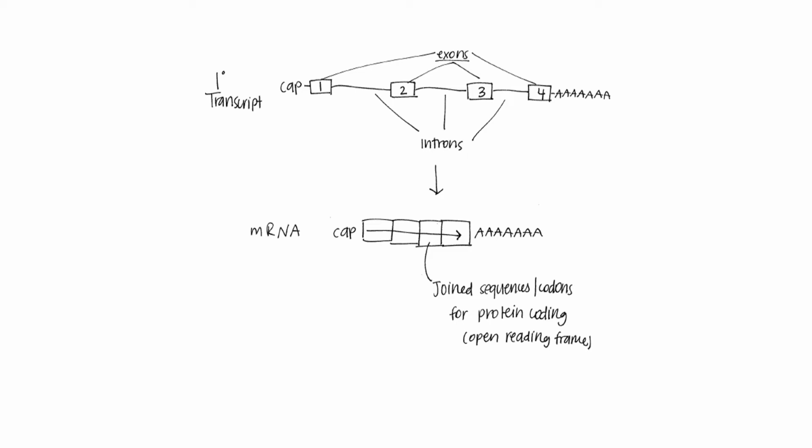Now, this happens on 95% of all messenger RNAs, all RNA polymerase II transcribed genes. And some of them have a few introns like this, or 3 or 4 exons like this, but some have many more. And we'll take a look at that in the next table.